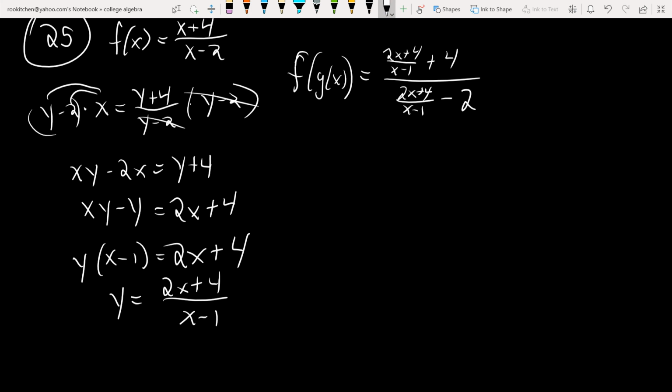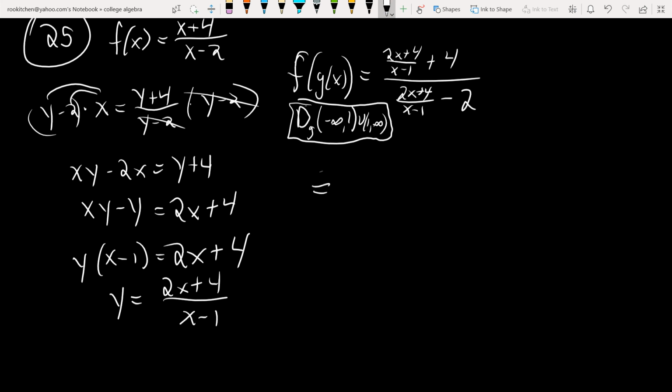Okay. And technically this has to work for all x's in the domain of g, and the domain of g will be everything except 1, right? So negative infinity to 1 union with 1 to infinity. But it's going to work. Okay, it'll never be an issue. So we don't have to worry about the domain issue so much.